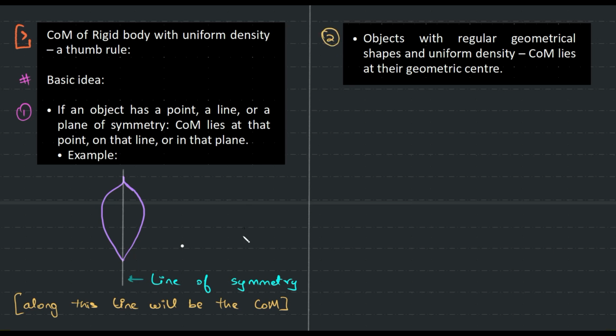Next, for objects with regular geometrical shapes and uniform density, the center of mass lies at their geometrical center. For example, let me take a simple example, say a book. A book is a cuboid. So the thickness is the same and everything else is the same everywhere.